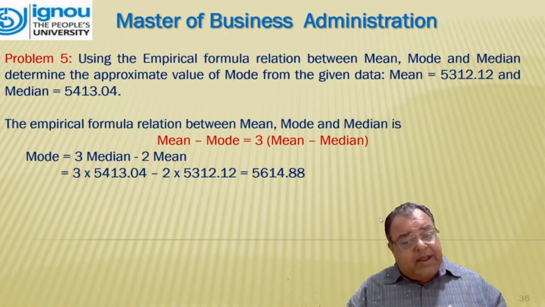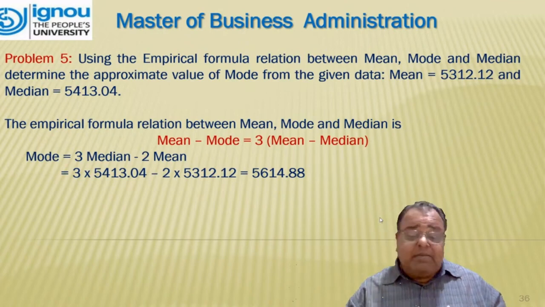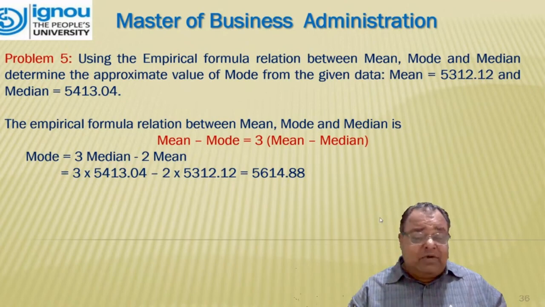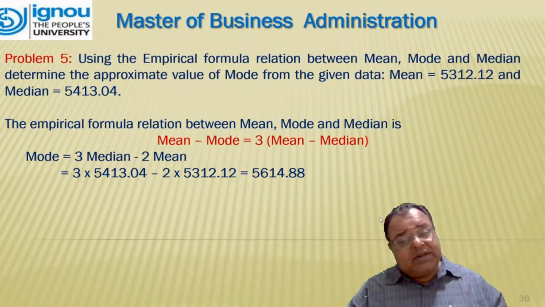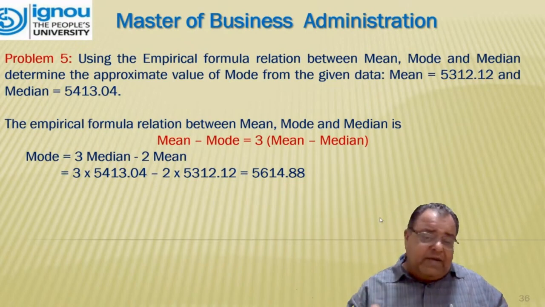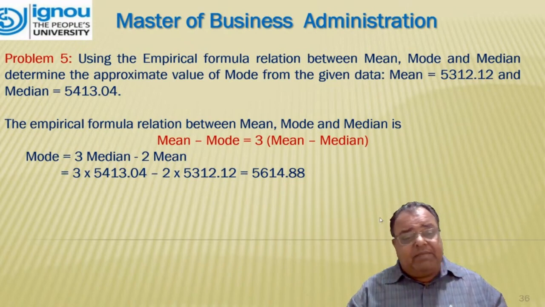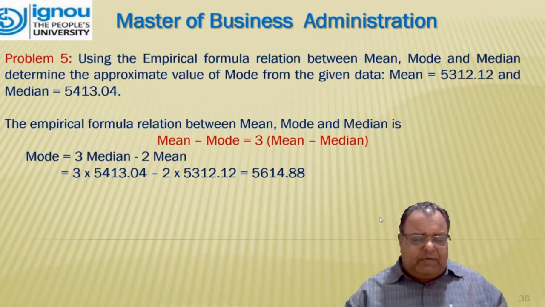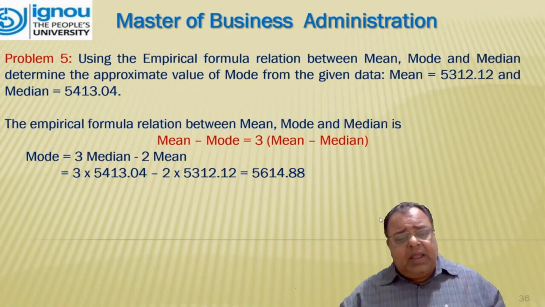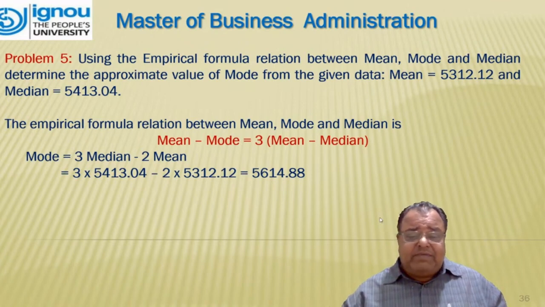The empirical relation is mean minus mode equals 3 times (mean minus median). On solving it, we get mode equals 3 median minus 2 mean. We put in the values, and we get the mode as 5614.88.